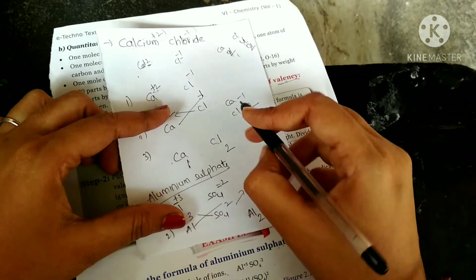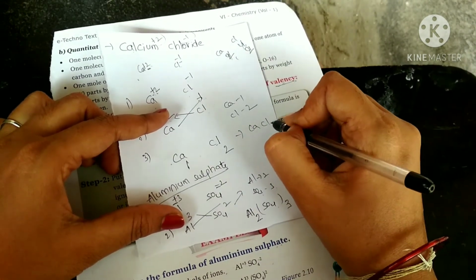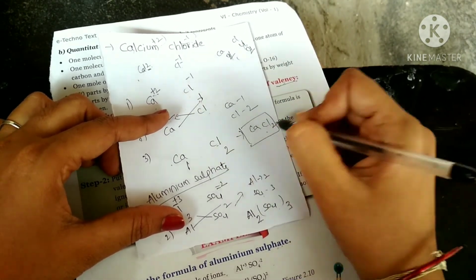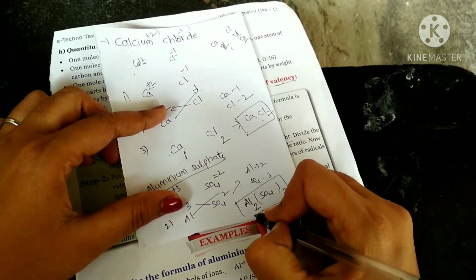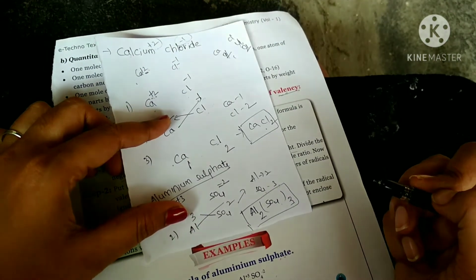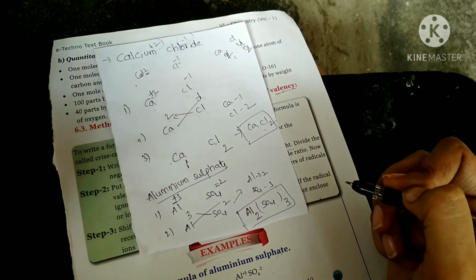If only one number is there, we simply write the formula, CaCl2. So calcium chloride formula is CaCl2 and aluminium sulfate formula is Al2(SO4)3. Like this we do the crisscross method for finding the formulas of any compound.